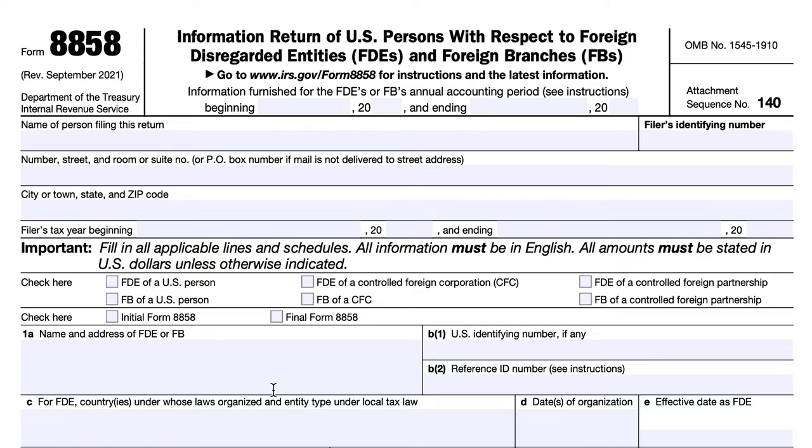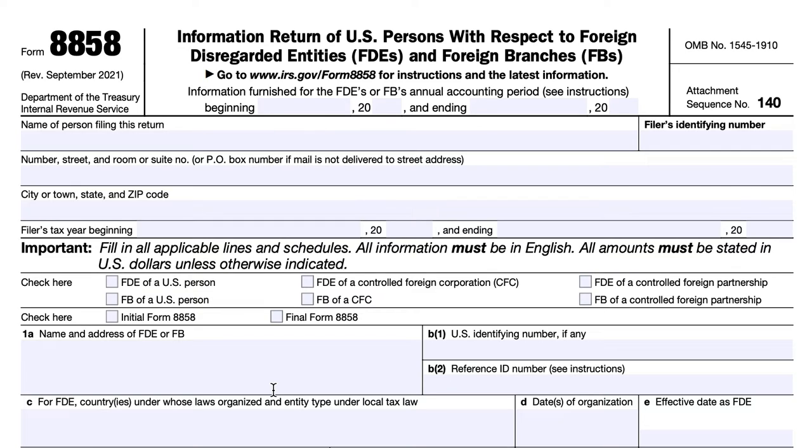So if the IRS can obtain the information that you would otherwise report on 8858 through one of the other required forms, because you're covered with other multiple taxpayers in similar circumstances, then you do not have to file this form.